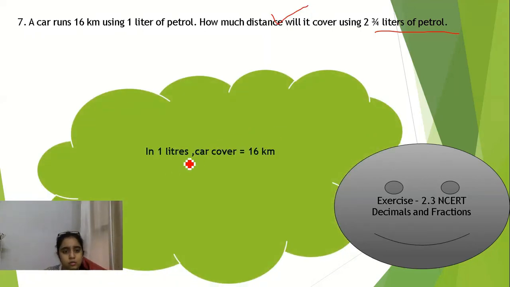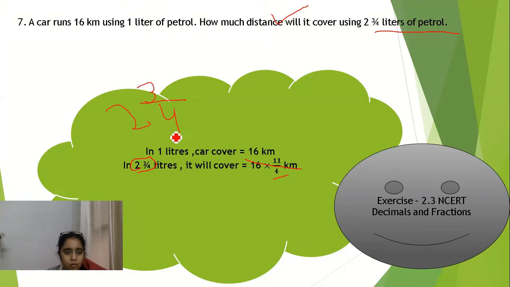So in 1 liter the car covers 16 kilometer, and in 2 3 upon 4 liter the car will cover 16 multiplied by 2 3 upon 4. How we will convert this? 4 multiplied by 2 is 8 and 8 plus 3 is 11. So we get 11 upon 4. In 11 upon 4 liter it will cover 16 multiplied by 11 upon 4 kilometer.